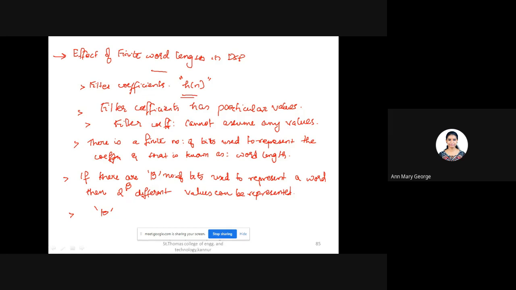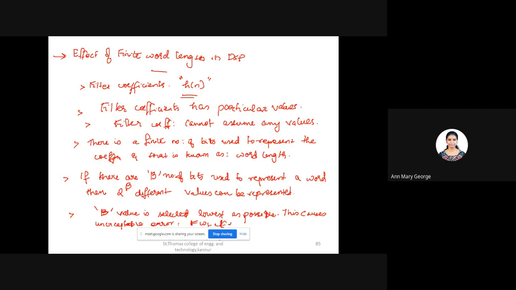That is, for economical reasons, when the b value is selected as low as possible, this causes an unacceptable error known as finite word length effect.